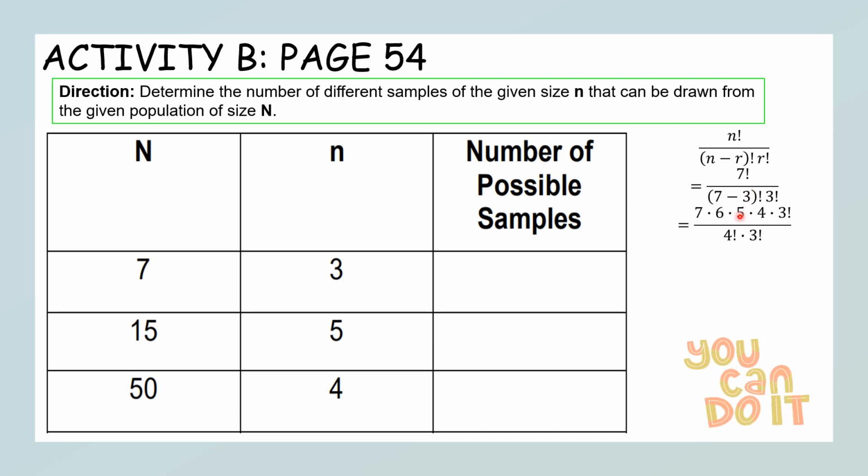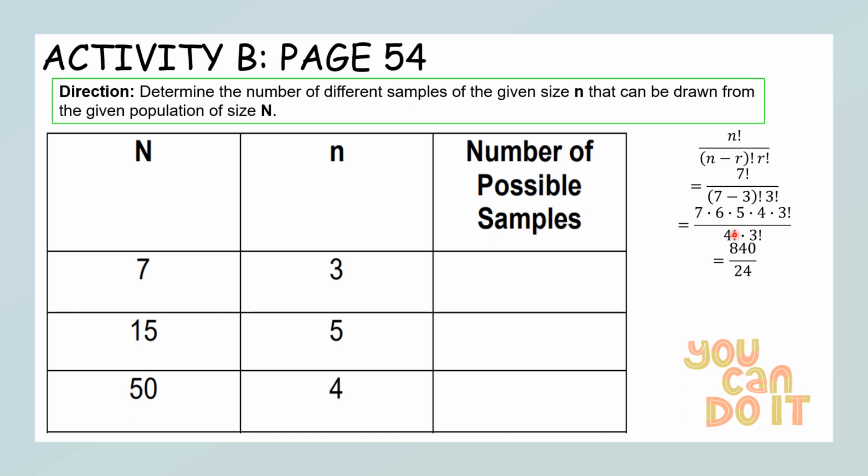So, we have 7 times 6 times 5 times 4 times 3 factorial all over 7 minus 3 is 4 factorial times 3 factorial. So, huminto po ako sa 3 factorial dito sa numerator natin para makancel na lang natin yung 3 factorial and 3 factorial. So, matitira is 7 times 6 times 5 times 4, that is equal to 840.